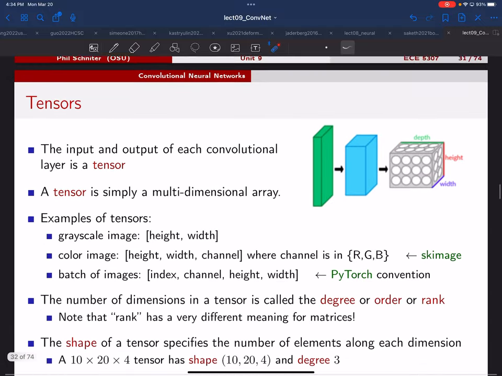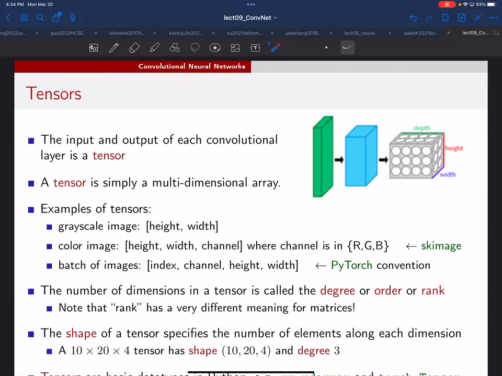Okay, so basically, let's just talk about tensors. This is really just some notation. A tensor is nothing more than a multi-dimensional array, and you've already been working with these. So for example, a matrix is just a 2-dimensional array of numbers. That's an example of a tensor.